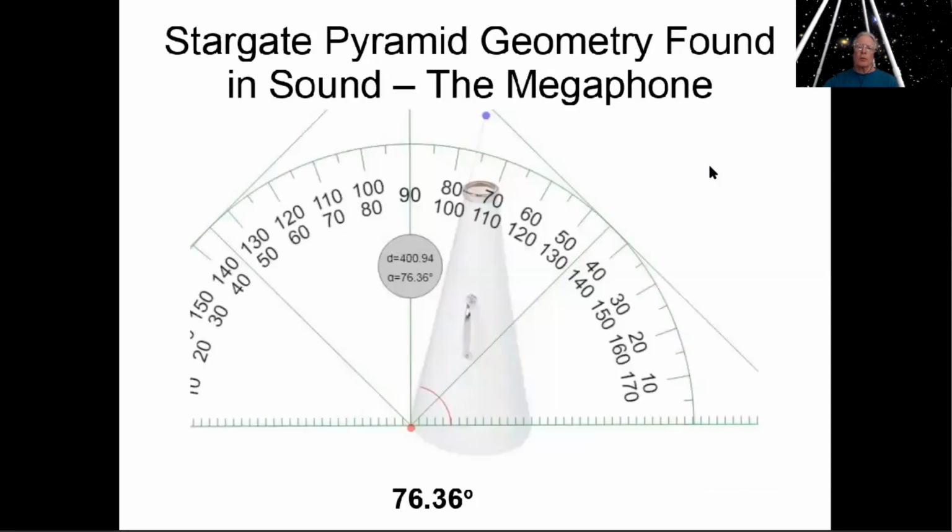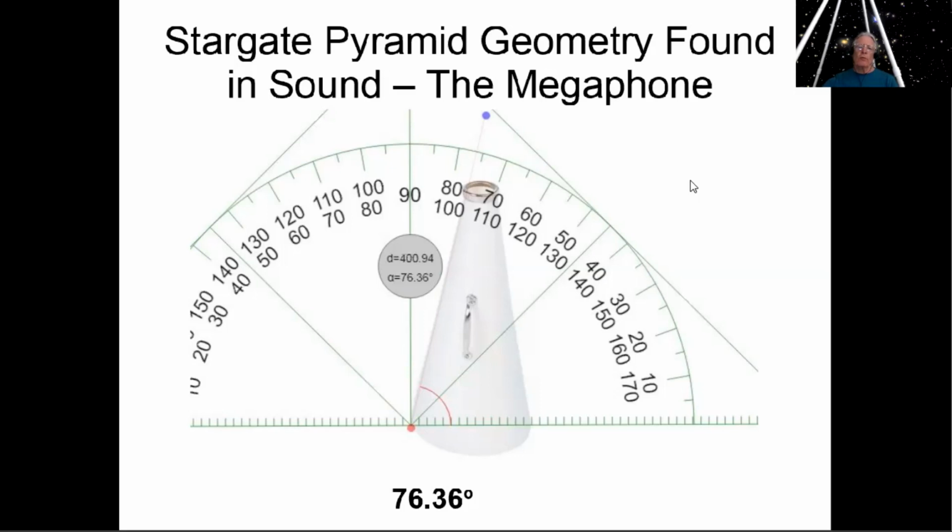And the way we're able to see this actually from the cover page, you saw the college cheerleaders there using a megaphone. And so what I've done is to look at the geometry of the megaphones that are used today and produced. And sure enough, the geometry of that megaphone is exactly the same, 76.36 degrees.